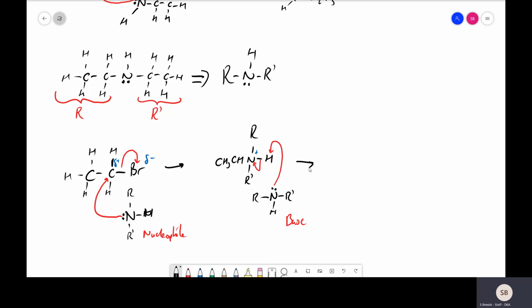And what we produce this time is a nitrogen with 3 R groups on it, and we're just going to call this other one R prime. And it's still got a lone pair. So this is how you can start with ammonia, and you can just keep putting more and more carbon chains onto it.